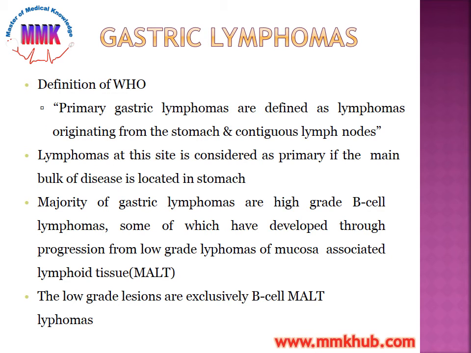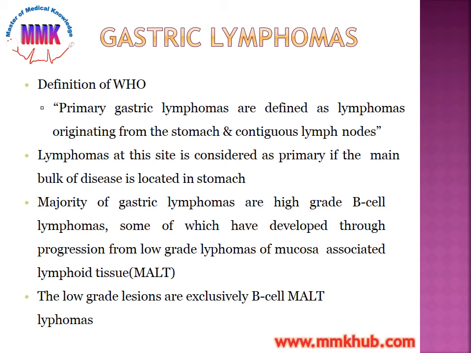Next is the gastric lymphomas. WHO definition of gastric lymphoma is: primary gastric lymphomas are defined as lymphomas originating from the stomach and contiguous lymph nodes. Lymphomas at this site are considered primary if the main bulk of disease is located in the stomach.